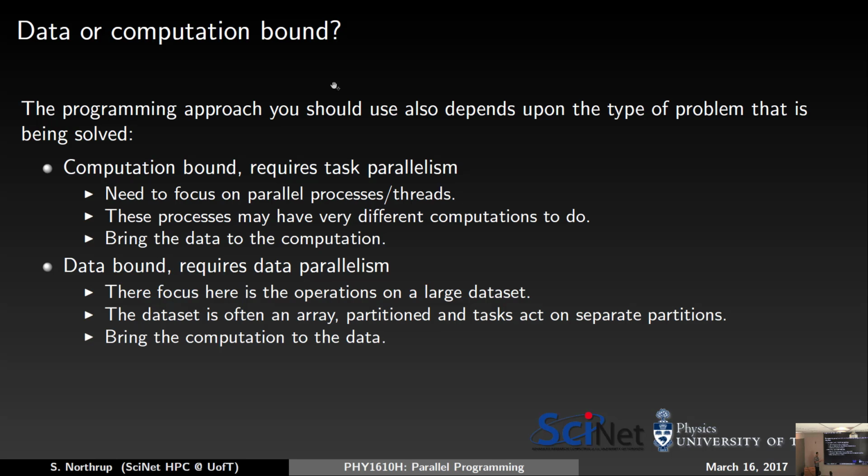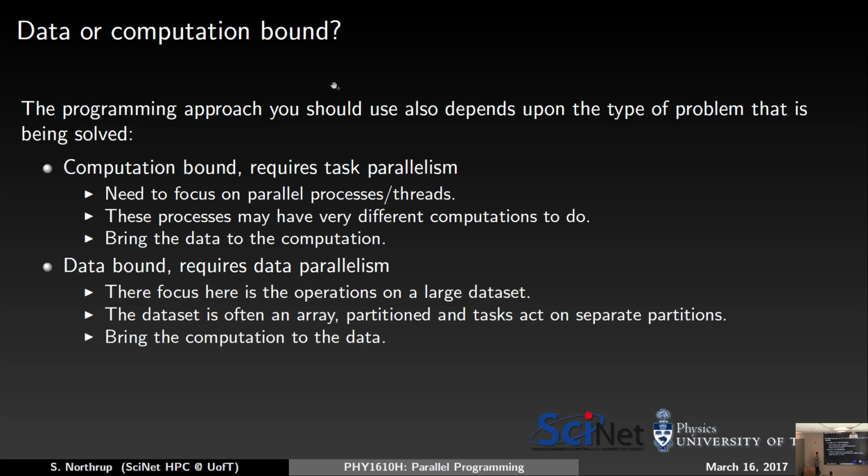So knowing where you're going along the line can inform the approaches that you want to use. You start developing, I built this great OpenMP code, it works great, but now I want to solve my real problem, and I'm out of memory because this machine only has X number of gigabytes of memory. Well, maybe I should have focused on MPI because I need to run a really large problem.